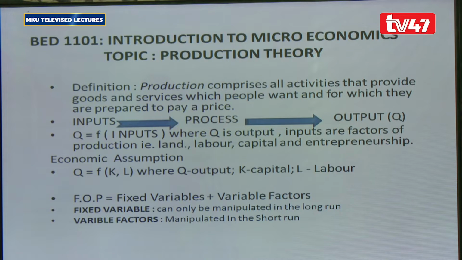Then we talk about labor. What is labor? Labor is defined as both physical and mental effort that is applied in the process of production. This can be improved through education. We are able to learn more. How do we improve labor?